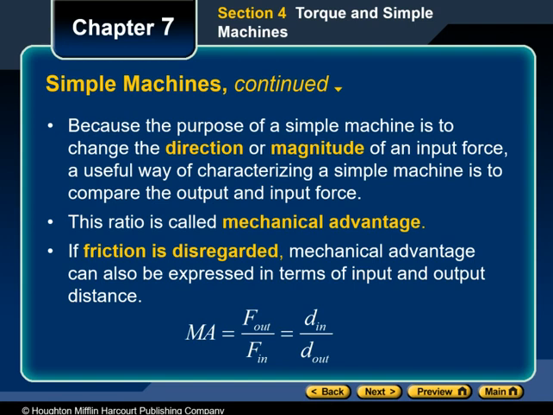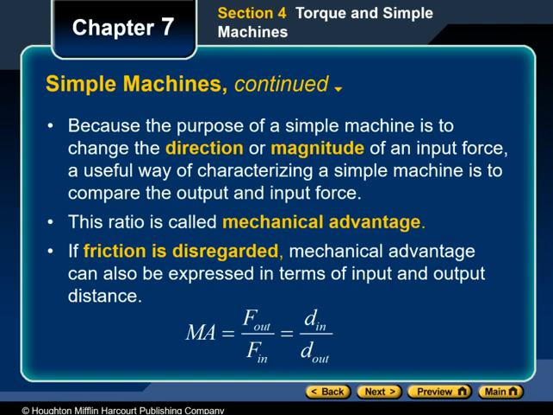It is written as follows: MA is equal to F sub out divided by F sub in, which is to say mechanical advantage is equal to output force divided by input force, which is also equal to perpendicular distance in divided by perpendicular distance out. One example of mechanical advantage that is commonly used is the use of the back of a hammer to pry a nail from a board.